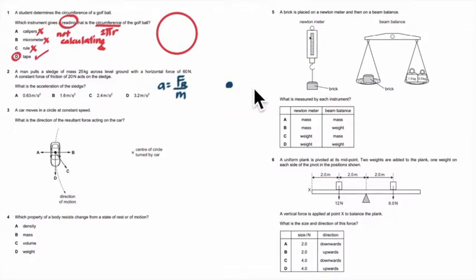Here, we have the dot representing the sledge. The horizontal force can be an arrow pointing this way, and the friction pointing opposite to that. We know the mass, this one, and the forces 60 Newton and 20 Newton. Let's write those here, 60 Newton and 20 Newton, which gives a resultant force of 40 Newton.